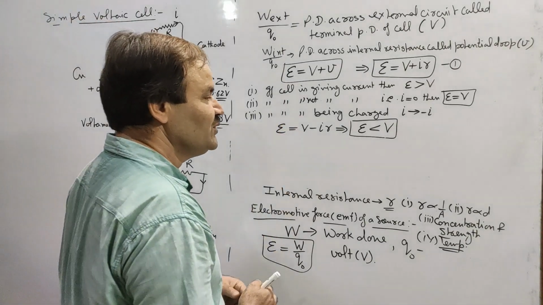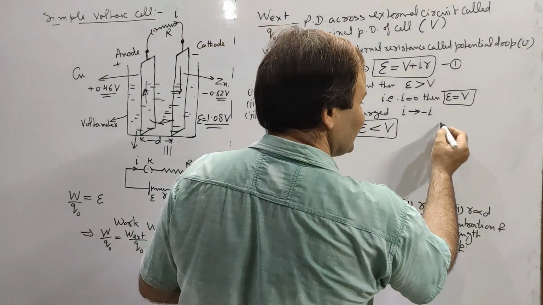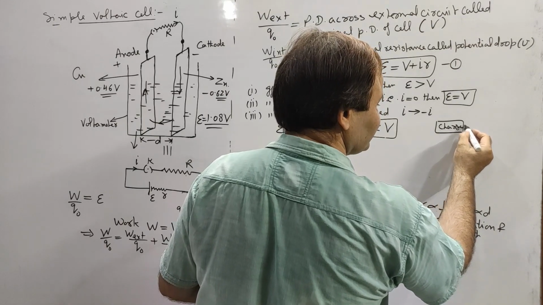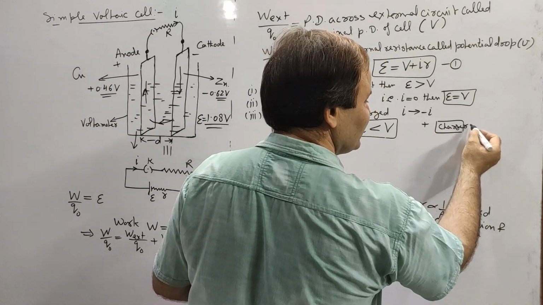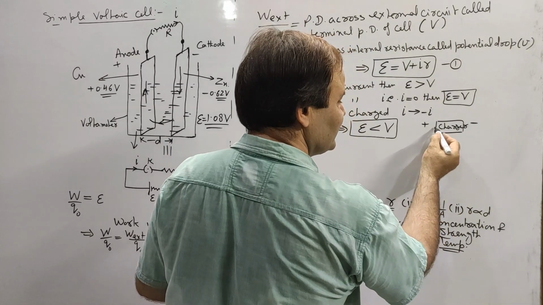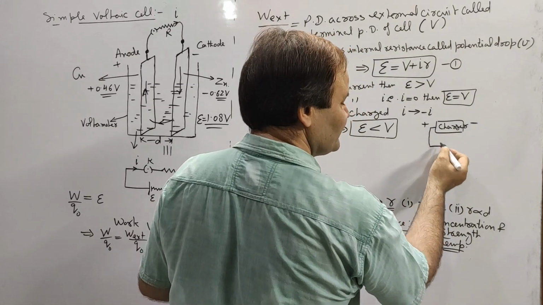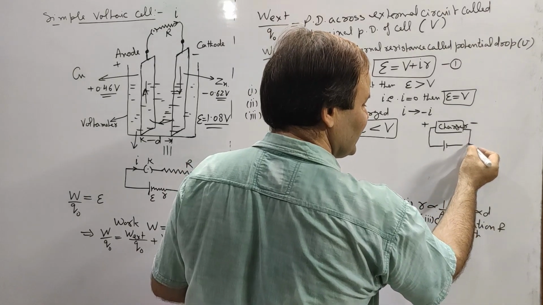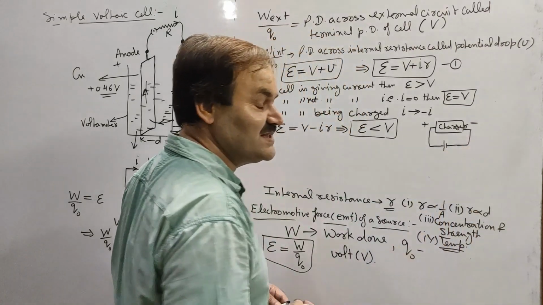And also you must be knowing that for charging a cell, we use a charger. The positive terminal of the charger will be connected with the positive terminal of the cell, and the negative terminal of the charger will be connected with the negative terminal of the cell.